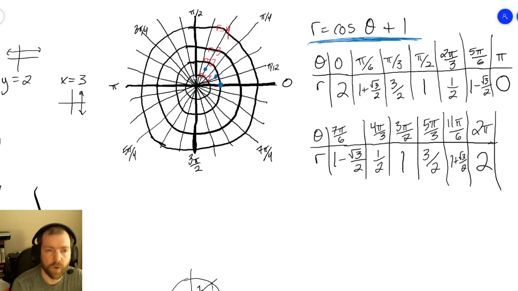Pi over 2 is going to be 1. 2 pi over 3 is a half. 5 pi over 6 is 1 minus root 3 over 2, so that's 1 minus 0.866, which is 0.133, roughly. So it's like way down here. And then pi is 0. Then everything starts working its way out again in exactly the same way.